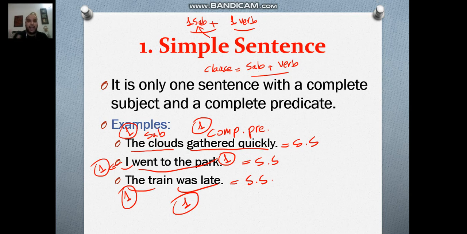It can have, for example, a complete subject plus a complete predicate, or a simple subject plus a simple predicate. But you have to have one subject and one verb, which is too easy. Okay, the simple sentence.